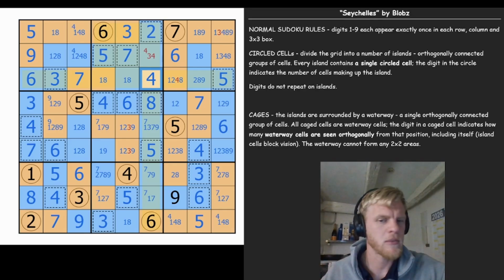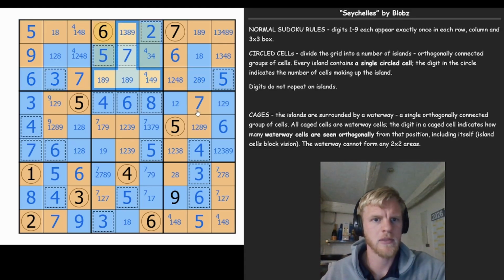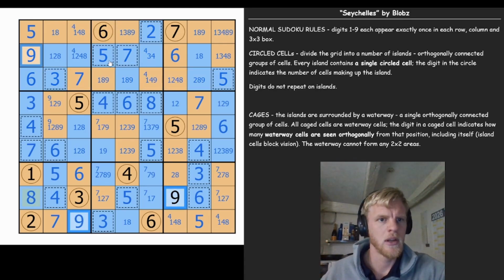And did I miss a digit? 1, 2, 3, 4, 5, 6, 7, 8. Where does a 9 go in here? Oh, see, little mistakes. 9 in here, 9 in here. Yes, yes, yes. Now, okay.